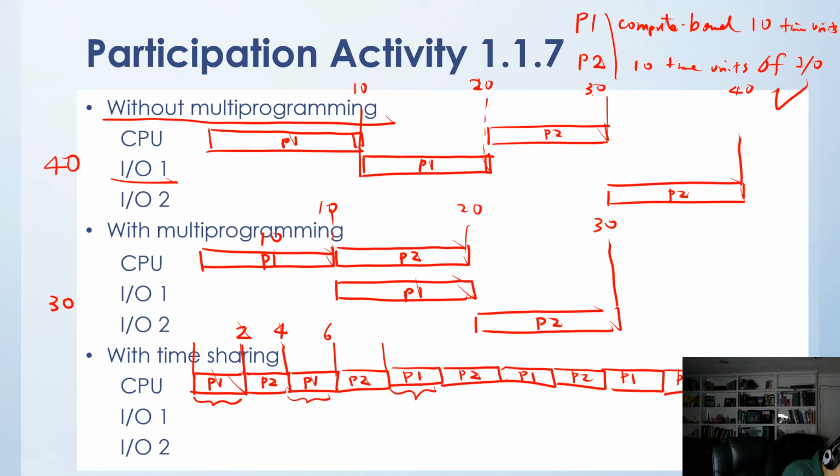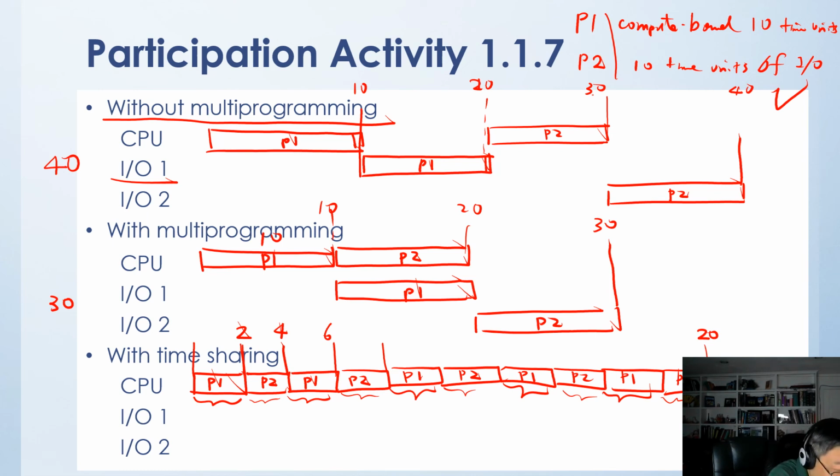So you have 5 fractions for P1 and also 5 fractions for P2, right? Because each runs a total of 10 time units on the CPU, the total is going to be 20 after both complete the CPU.